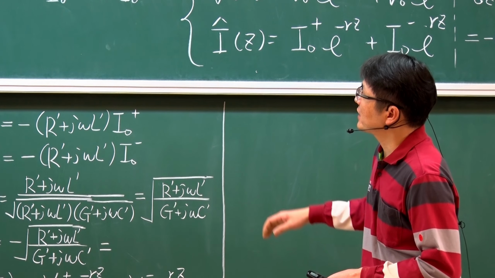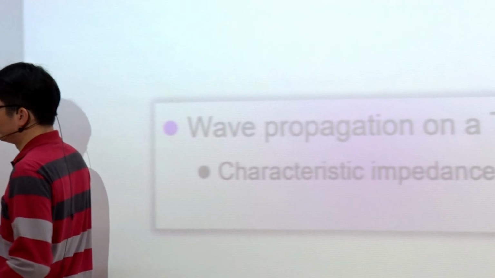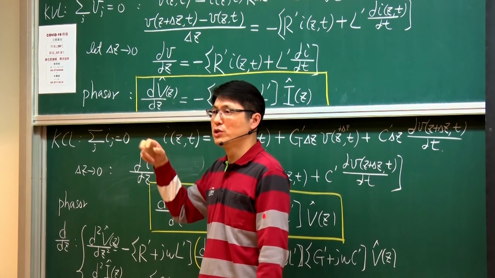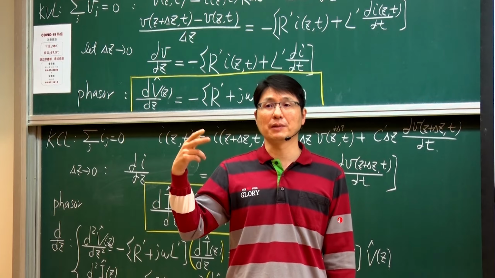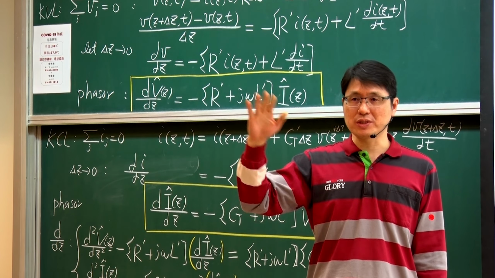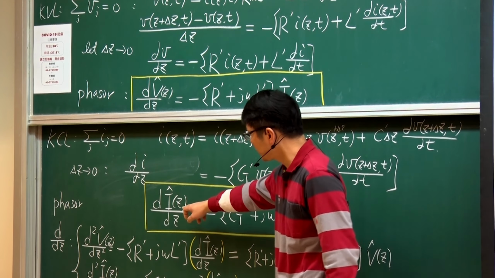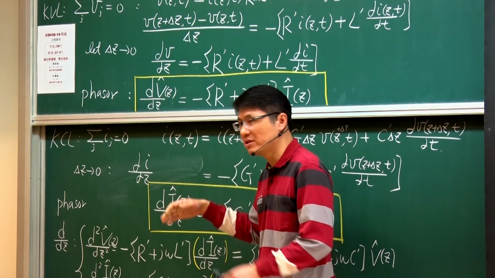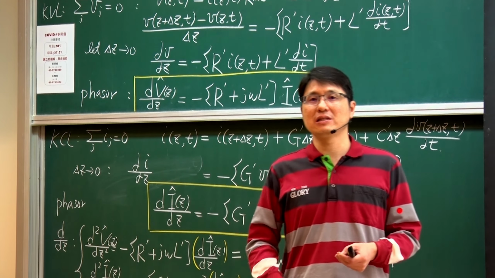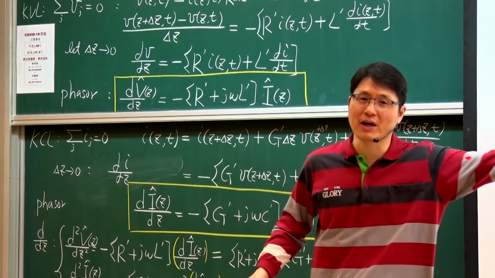I tend to use lowercase letters, like lowercase i and lowercase v, to represent the parameter in the time domain. But after I transform to the phasor representation in the frequency domain, I like to use capitalized letters, and then add the hat to more pronouncedly state it's working in the frequency domain.